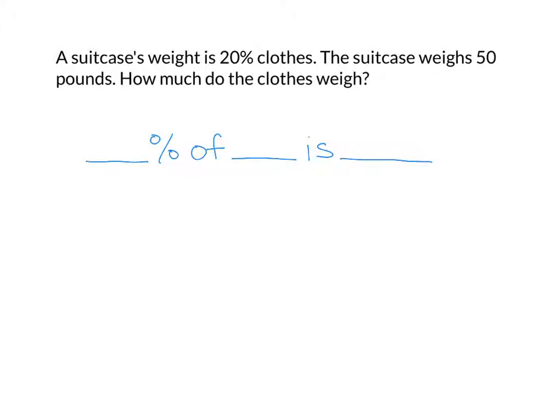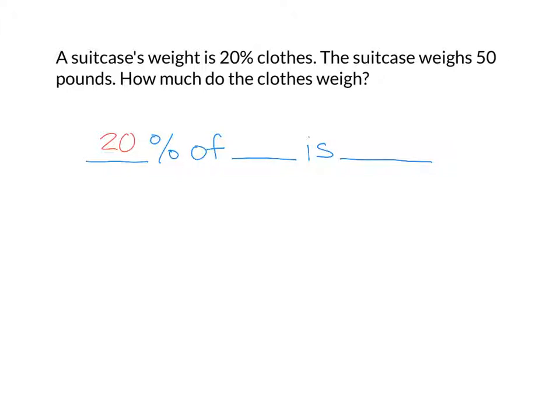So first of all, we know our percent, 20%. So it's 20% of something. Do we know the total amount of the whole thing? Well, yes, we know that the total amount of the whole suitcase is 50. So we're doing 20% of the suitcase. 20% of the suitcase is clothes.